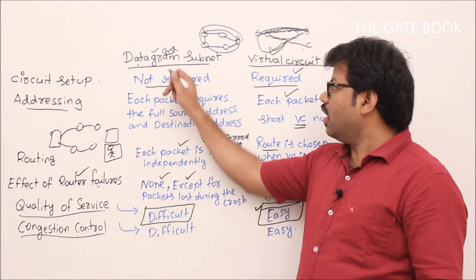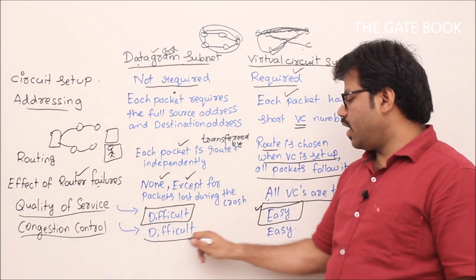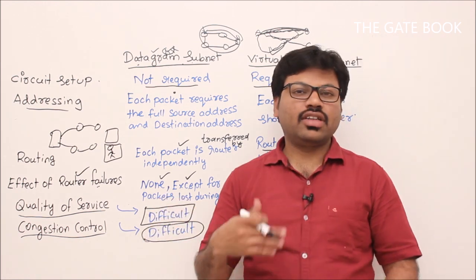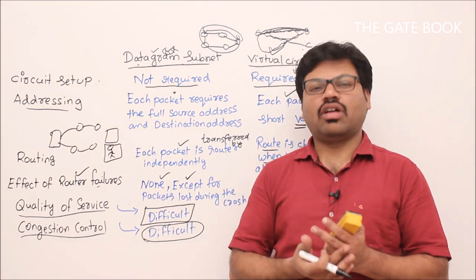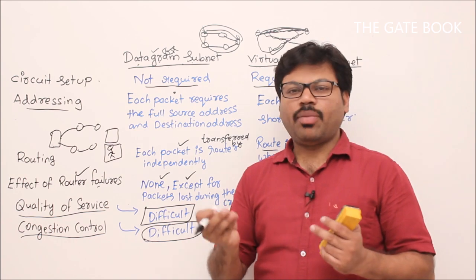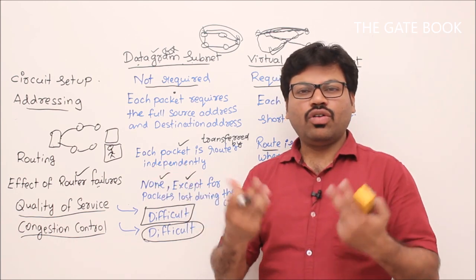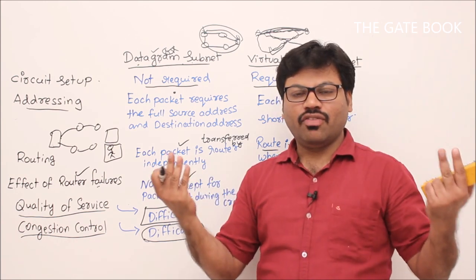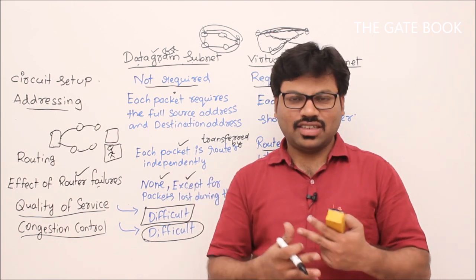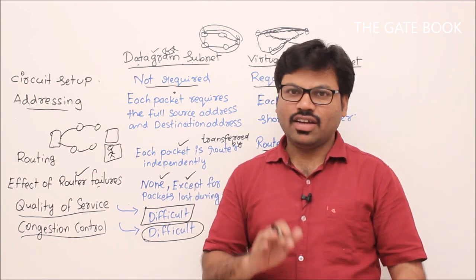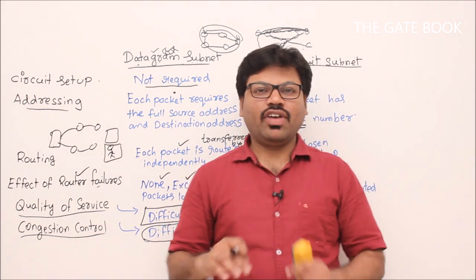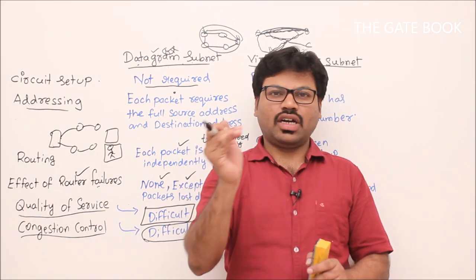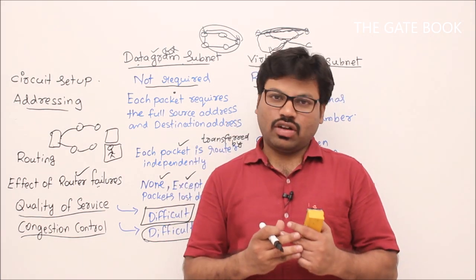Generally in a datagram subnet, it is very difficult to avoid or control congestion. Why? See, every packet is taking an independent route. We don't know which packet goes which way when it starts making congestion, right? But in a virtual circuit, everyone is following a systematic route, correct? Then we can easily control congestion.